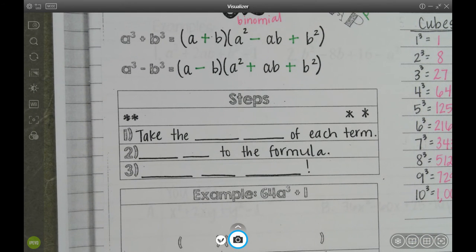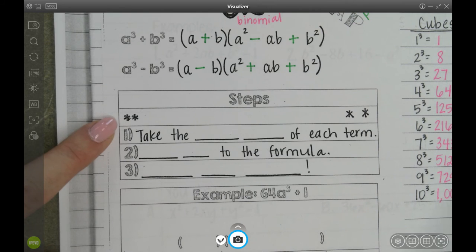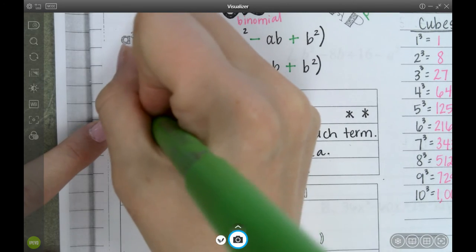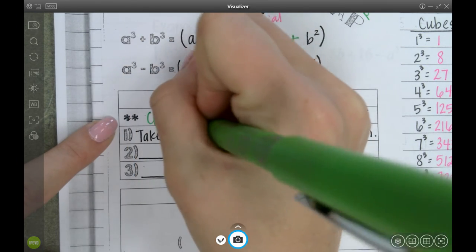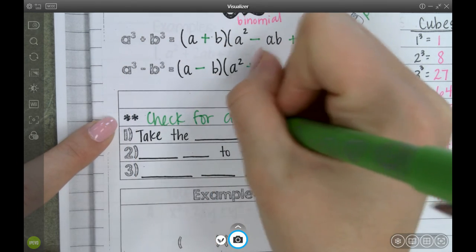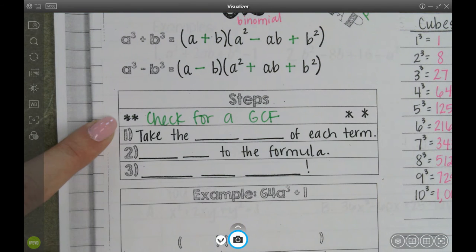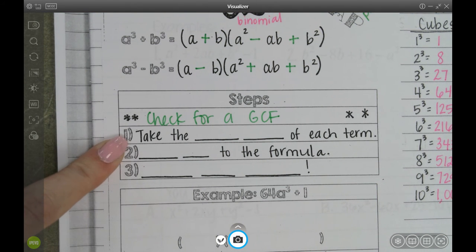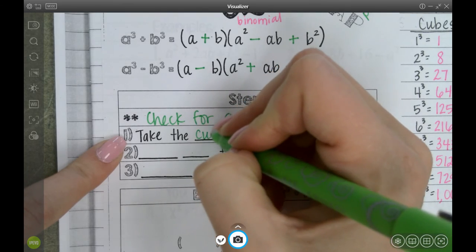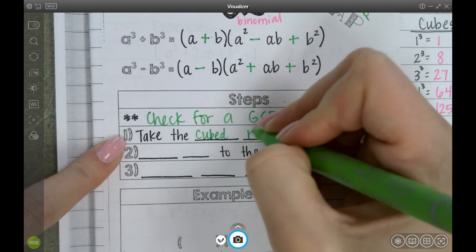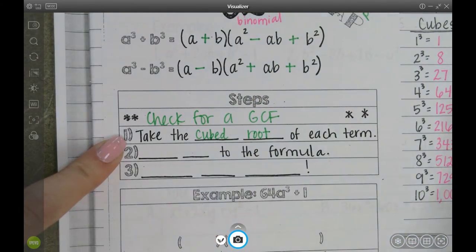So here's your steps. They're going to feel very similar. First one, check for a GCF. Then you're going to take the cubed root, not the square root, the cubed root, using your perfect cubed chart over here of each term.